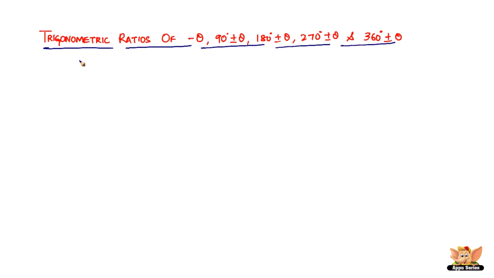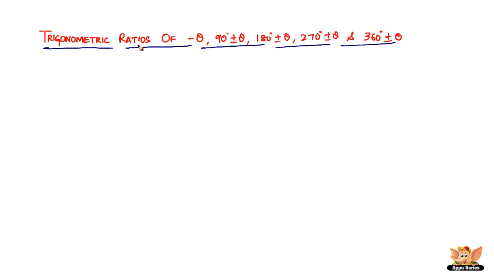In this video, we are going to look into trigonometric ratios of negative theta, 90 degrees plus or minus theta, 180 degrees plus or minus theta, 270 degrees plus or minus theta, and 360 degrees plus or minus theta. What this exactly means is we've seen the trigonometric ratios of just theta.